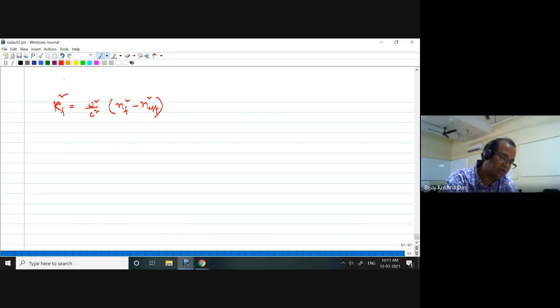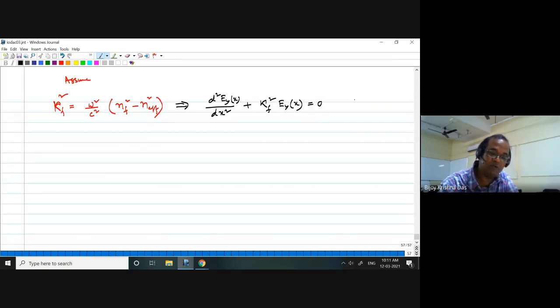Then, assume, right? Then region 1 becomes: d2Ey(x)/dx2 plus kappa f square Ey(x) equal to 0, that is for x greater than 0, right?